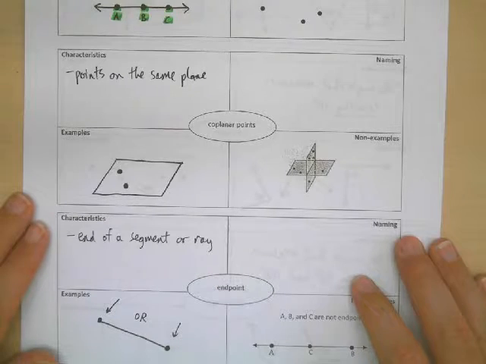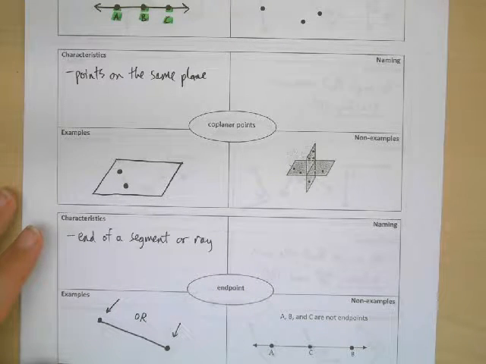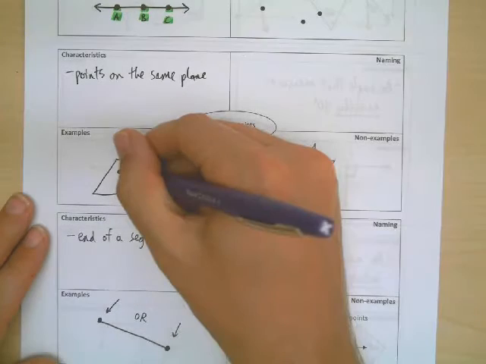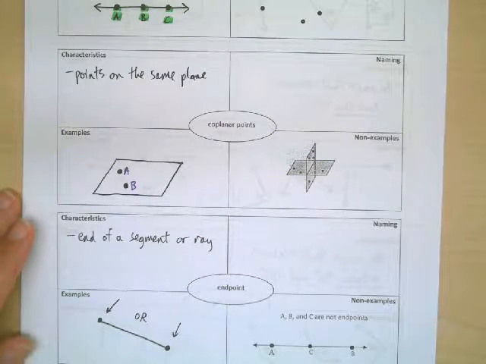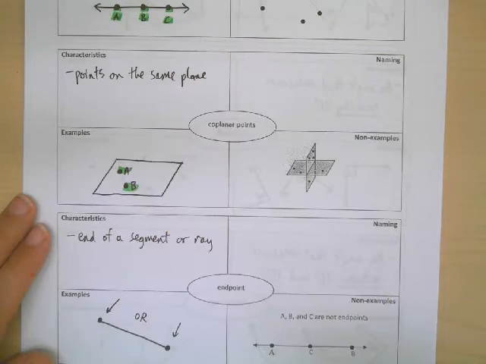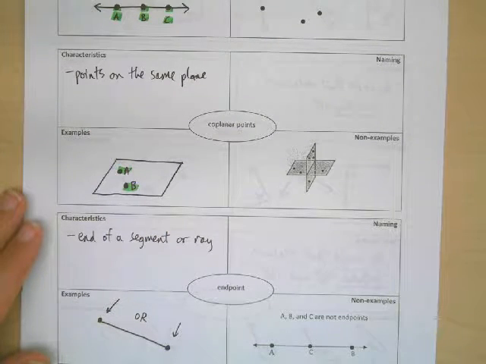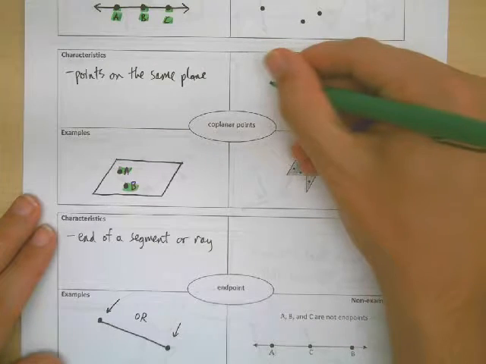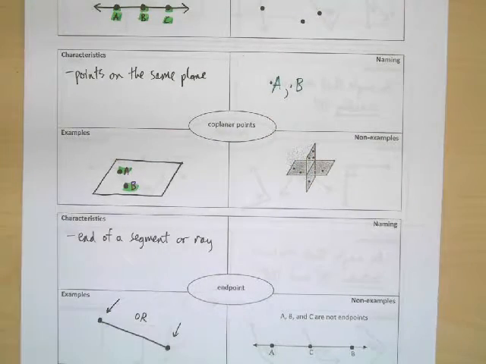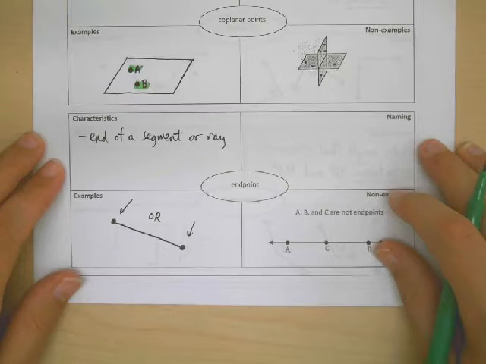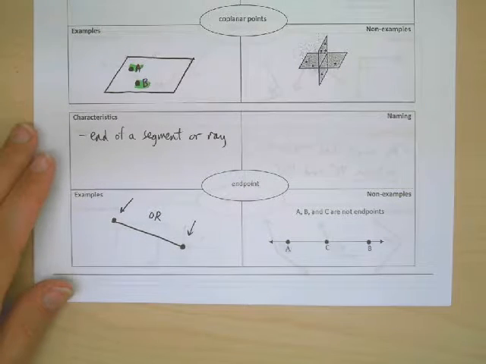We're going to do something similar with coplanar points. I need to label these as capital letters. I'm going to use capital A and capital B. We are just going to name those points. So, as a list with the dot symbol, points A and B. Next up is endpoint.